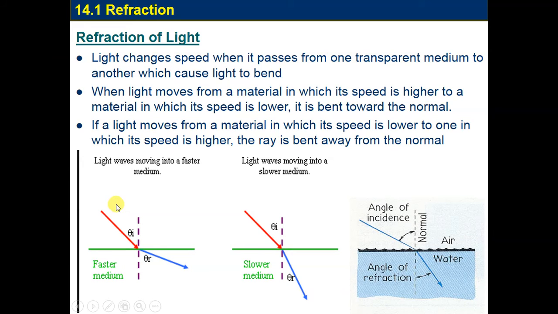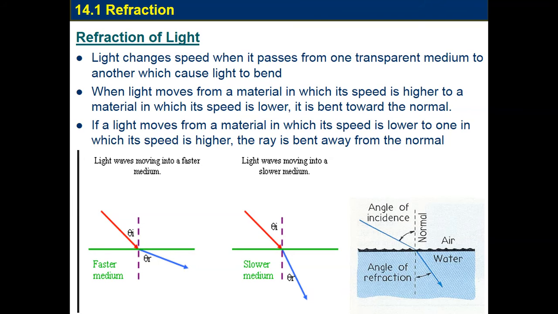Now we will talk about the steps of how to draw the refraction of light. Pay attention with me. Here we have an example, air to water. The ray that's coming toward the surface, what do we call it? We call it the incident or incoming ray.